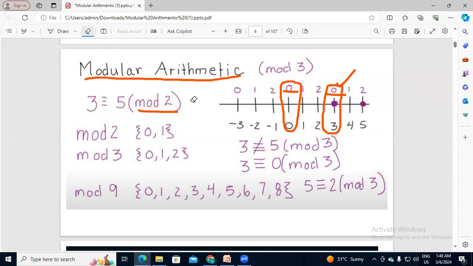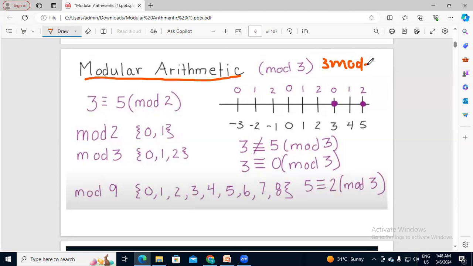I hope you have understood what we mean by congruence. So how can you say that these two numbers are congruent to each other? Whenever you have 3 mod 2, and in the same way you have 5 mod 2, what result do you get? 3 mod 2 gives 1, and 5 mod 2 again gives 1.